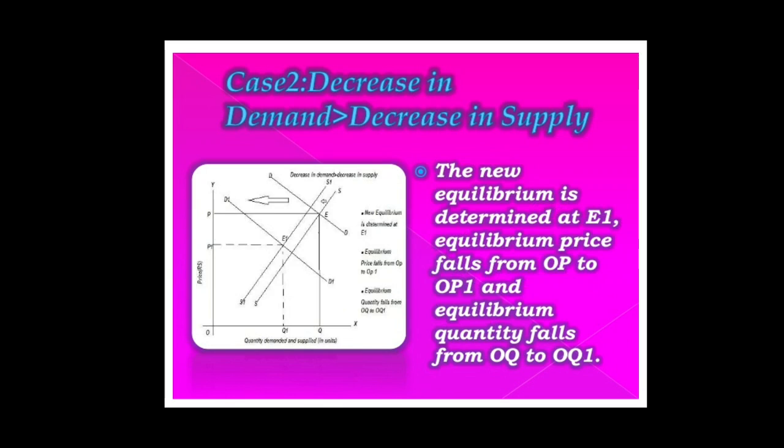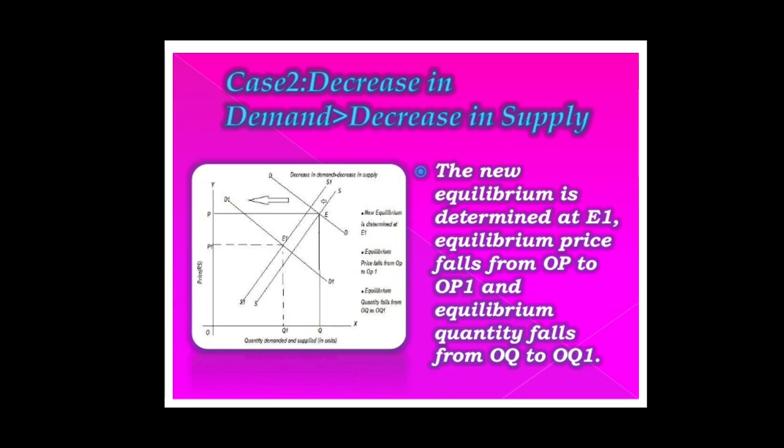As can be seen from the figure, the new equilibrium is determined at point E1 where the new demand curve D1 and new supply curve S1 intersect each other.